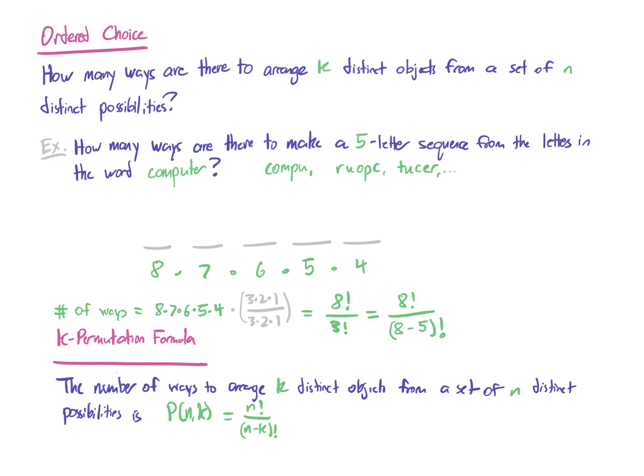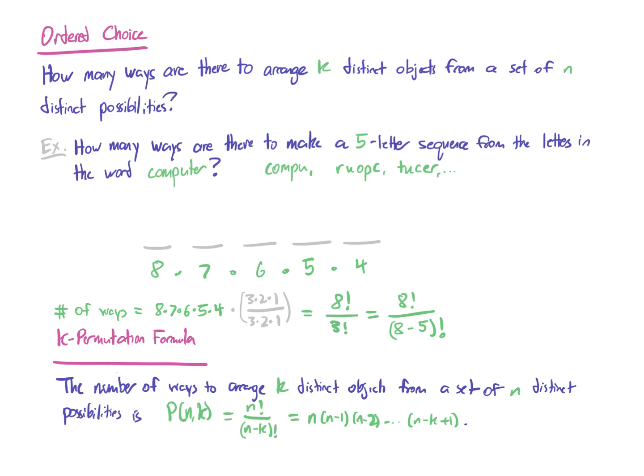So it's the number of total possibilities factorial divided by the number that we're not choosing factorial. And if we wrote this out, it would be n times n minus 1 times n minus 2 all the way down to n minus k plus 1 all multiplied together.